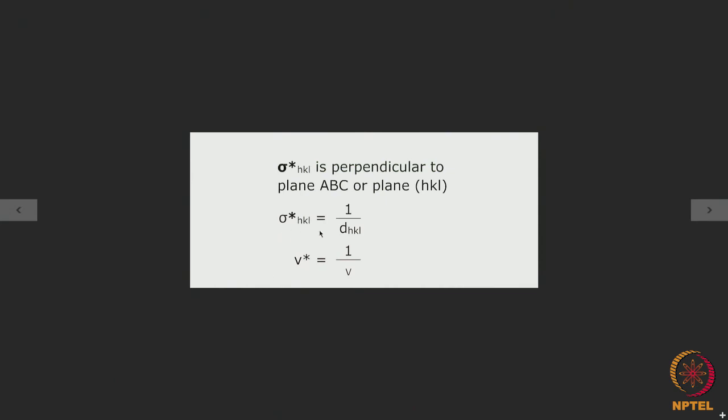The magnitude of the vector sigma star HKL is the reciprocal of the interplanar distance of the HKL planes, and the volume of the unit cell in the reciprocal lattice is reciprocal of the volume of the unit cell in the real lattice.